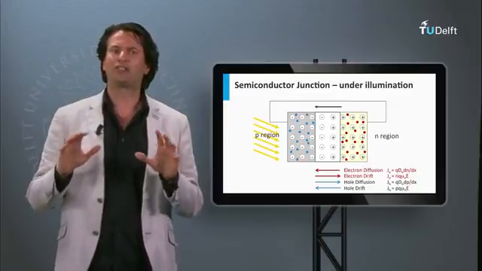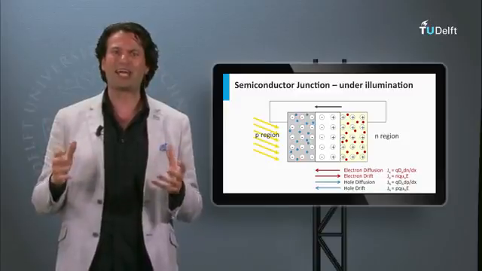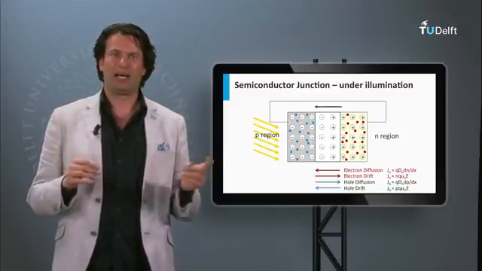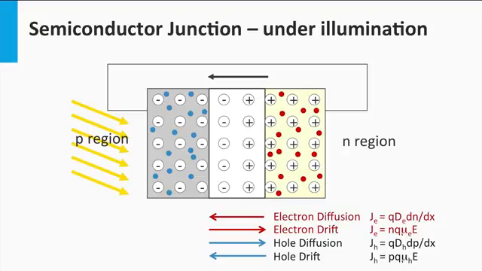Now we are going to shine light on the device. This means that we are looking at a solar cell. Light is incident from the left on the P region. For the moment, we assume the light is being absorbed in the P region and the N region. The absorption of the photons will generate electron and hole pairs.